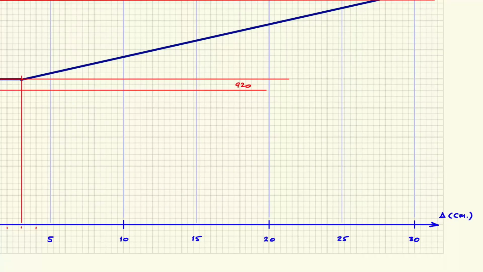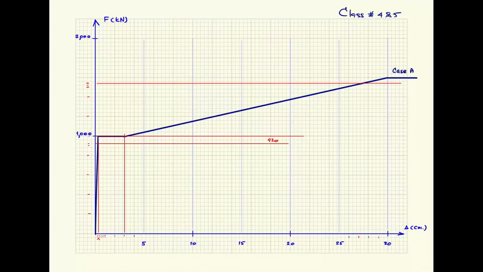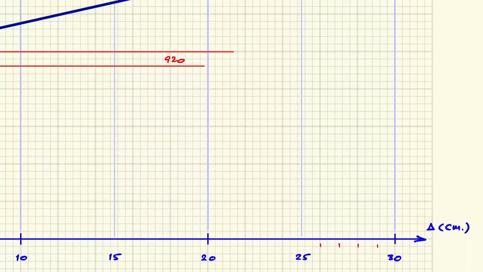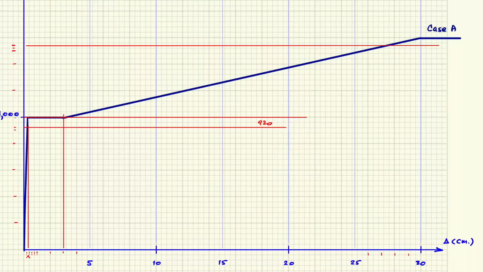Now, 25, 26, 27, 28, 29. This is 27. We have 27 point something. Okay, fine. Alright, this is 27.